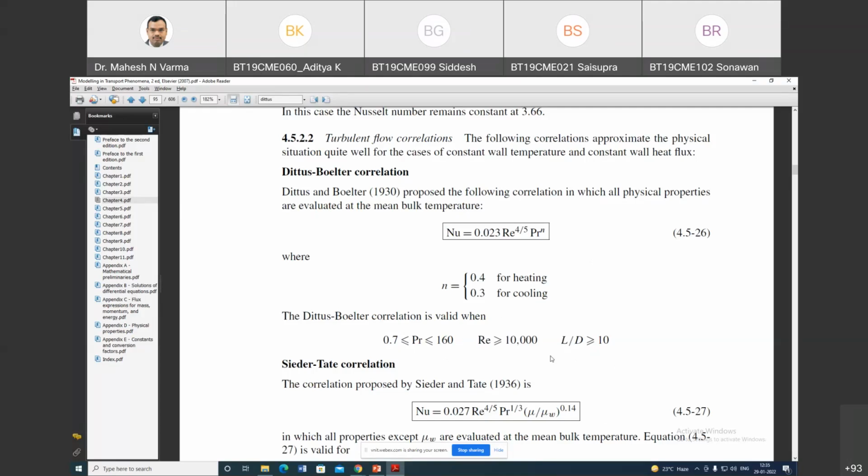So these limitations come from the range of their experimentation.